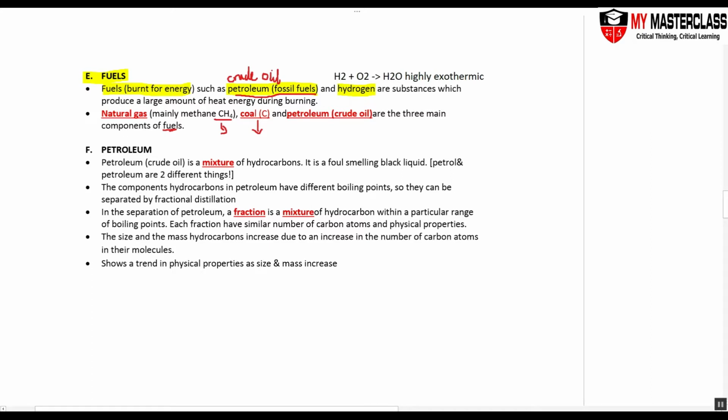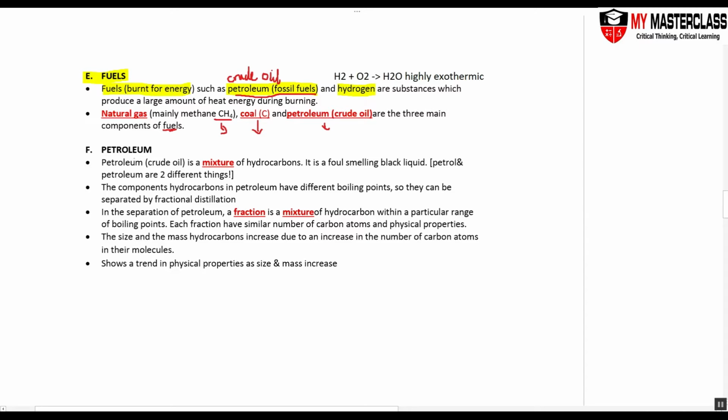Coal is actually like charcoal; the element itself is carbon. And then petroleum and crude oil, which I told you about with the dinosaurs just now. So methane, natural gas, coal, as well as petroleum and crude oil are the three main components of fuel. All of these we burn for energy.